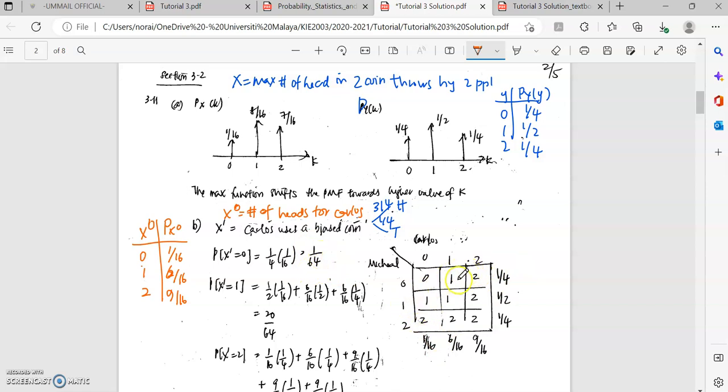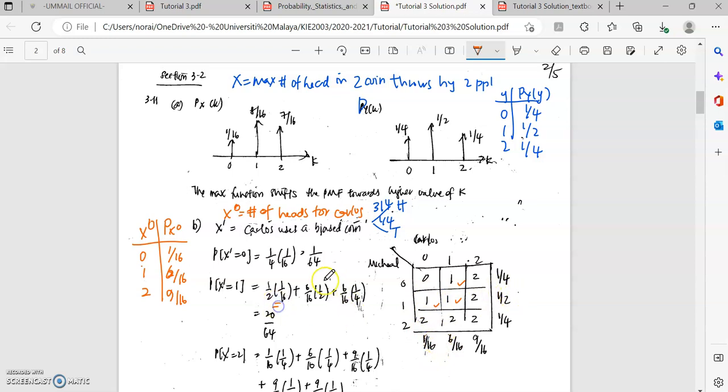For 1, you have 1 over 4 times 6 over 16, plus 1 over 16 times 1 over 2. So you have 3 occurrences.